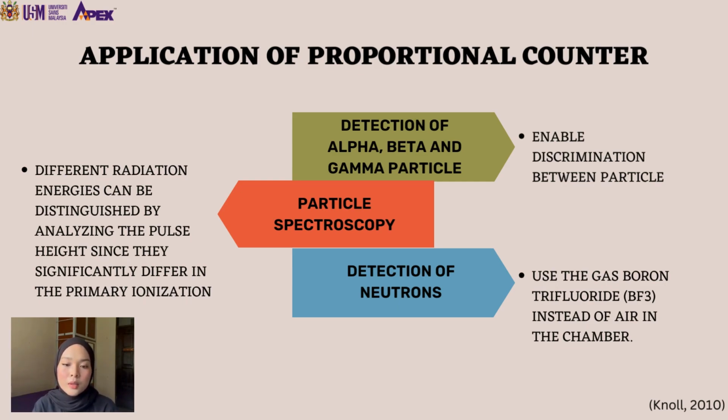And also it enables spectroscopy or energy measurement. So different radiation energies and different radiation types can be distinguished by analyzing the pulse height, since they significantly differ in the primary ionization. And the final one is neutron detection. Same as GM tube and IC, the inner surface must be coated with boron for particle identification.